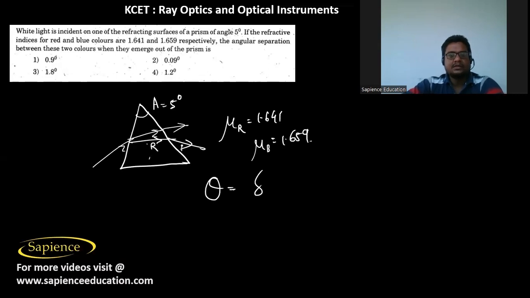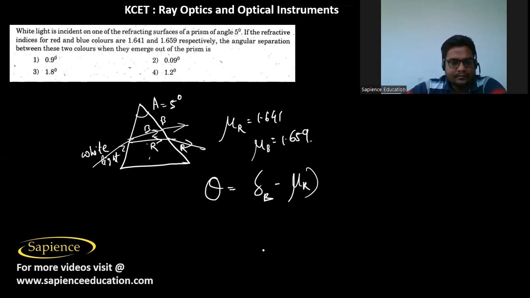So this is the red color, this is the blue color, suppose, and here white light is incident. So it will be delta B minus delta R, which is the angle of deviation for blue minus the angle of deviation for red.